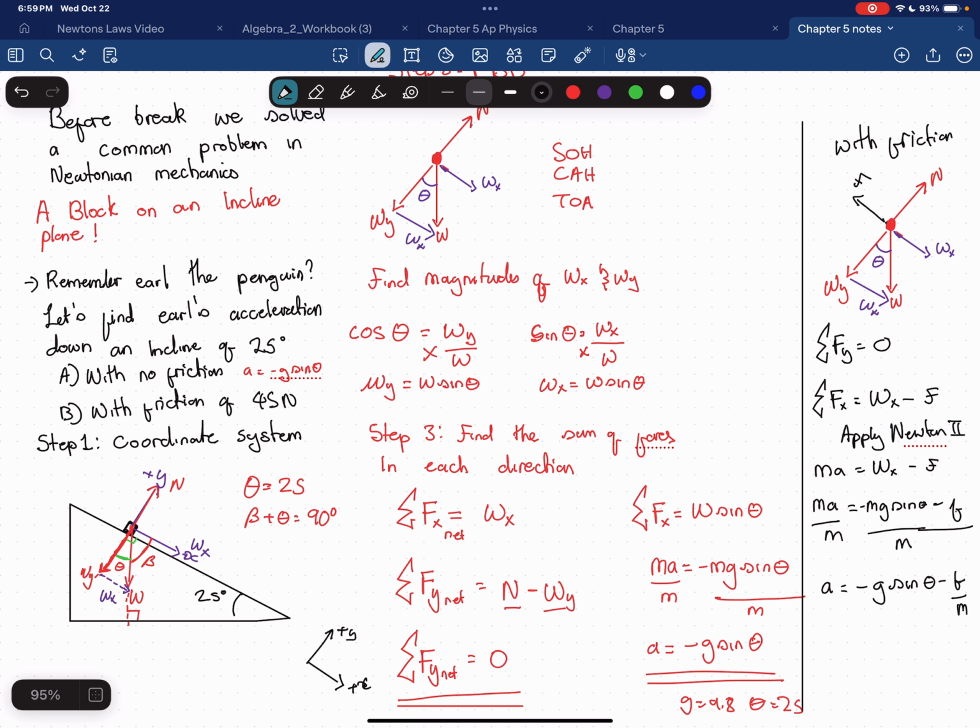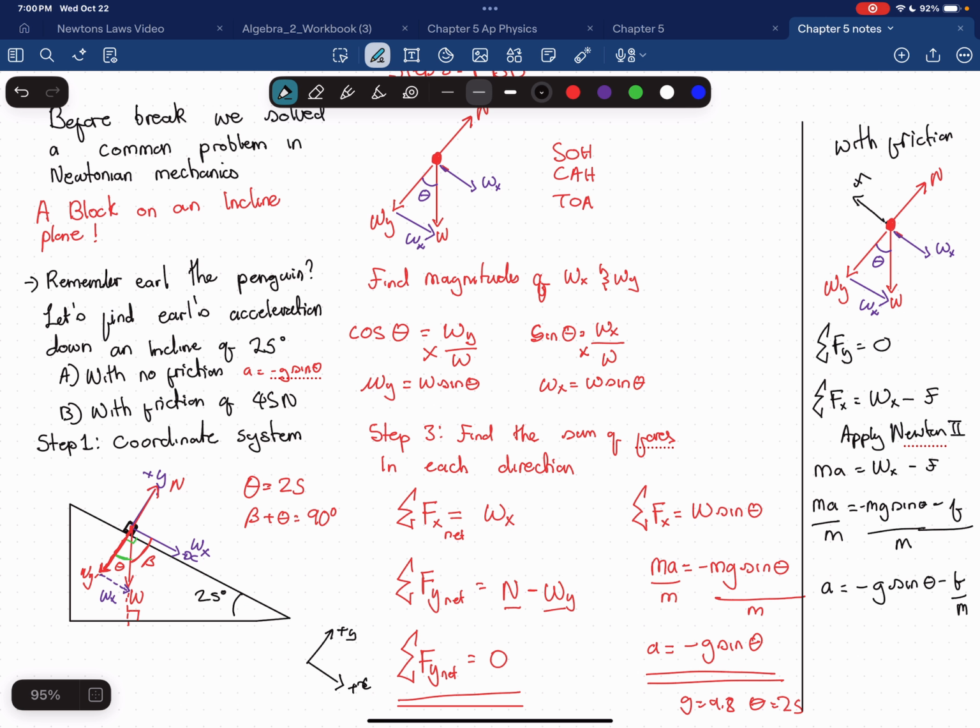So f here is our friction. Let's think about what these things mean physically. Without friction, my acceleration is minus g sine theta, so it's just dependent on gravity and the angle I'm at. Now, what about with friction?